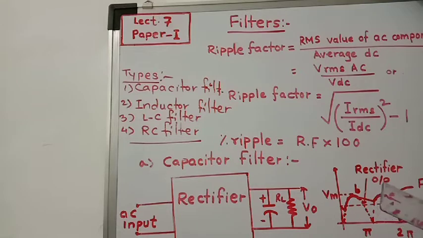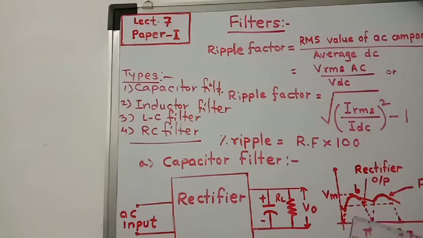So to get smooth or steady DC voltage, filter circuits are used. The pulsating DC is unidirectional, but it contains some AC components with various frequencies, and these produce variations in DC output voltage.